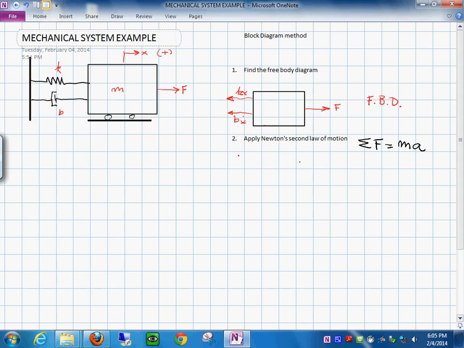So we have F minus K times X minus B times X dot equal to m x double dot. I suggest that you leave it in this form because it's easy to generate the block diagram.